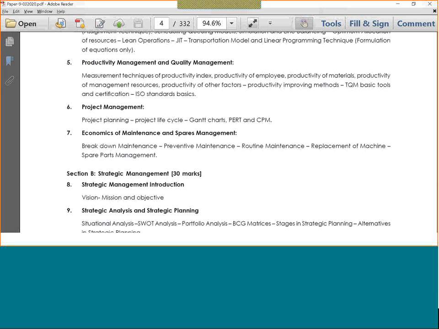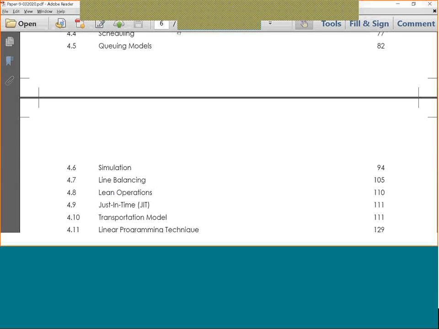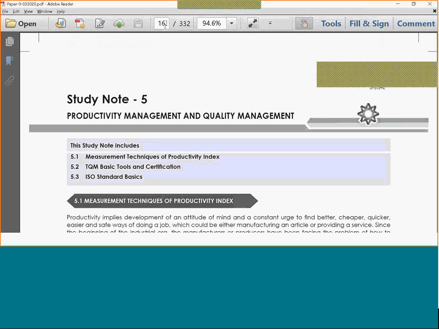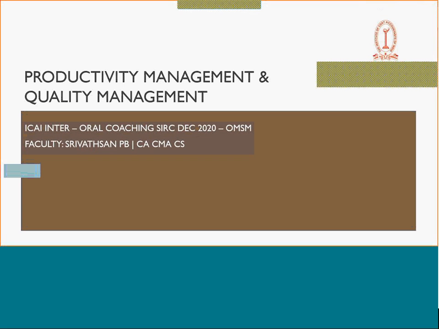Chapter management and quality management. That's what we're going to see now. And quality management. First, what is productivity, and then how to manage.